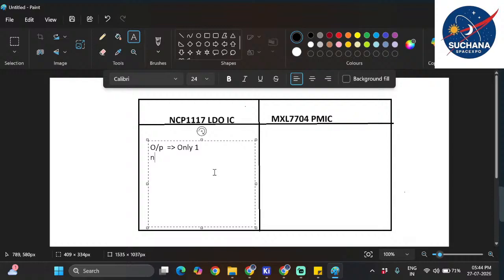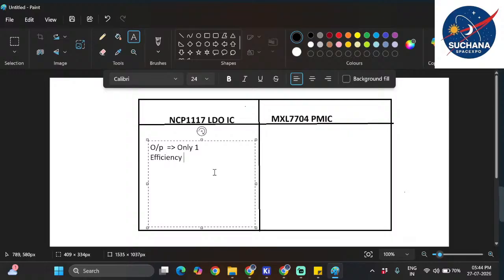And the second point is efficiency. Whenever you are working on PCB design, integrated circuit design, VLSI technology, or floor planning of IC making, everywhere efficiency plays an important role. Efficiency is one of the key parameters.